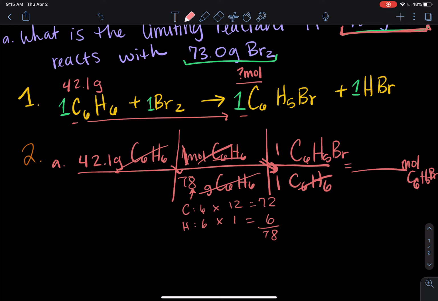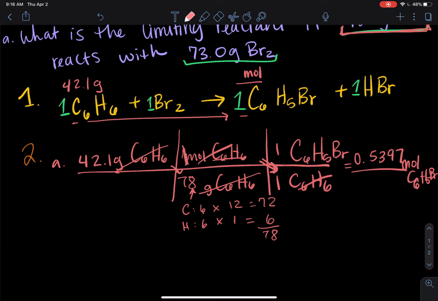Okay, so when I solve for this, I'm just going to take 42.1 times 1 times 1, and then divide it by 78 times 1. So really, it's just 42.1 divided by 78, and that gives me 0.5397. So I solved for this question mark up here, so I'm going to go fill it in.